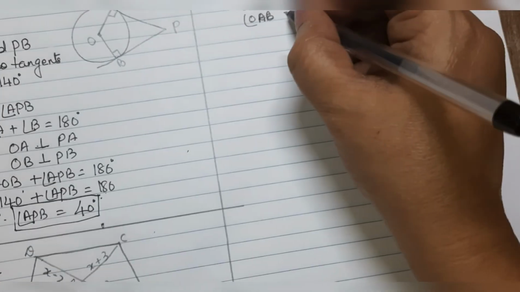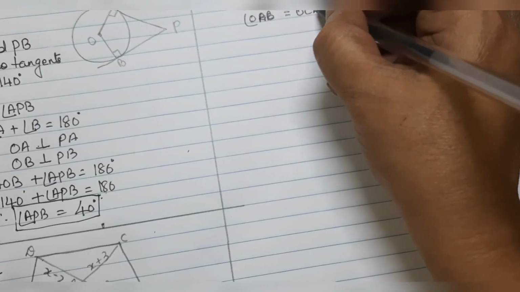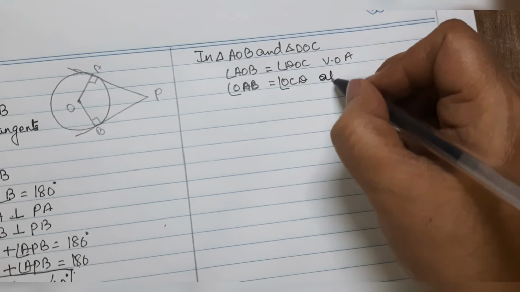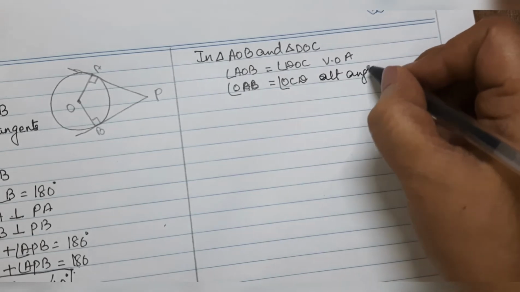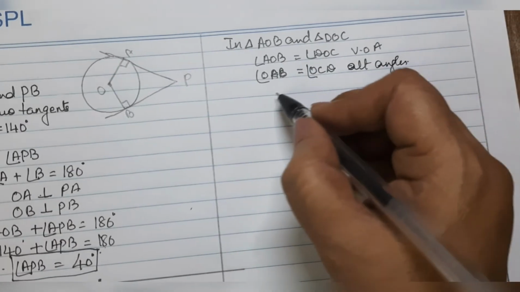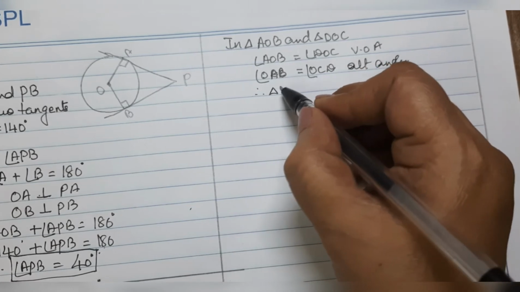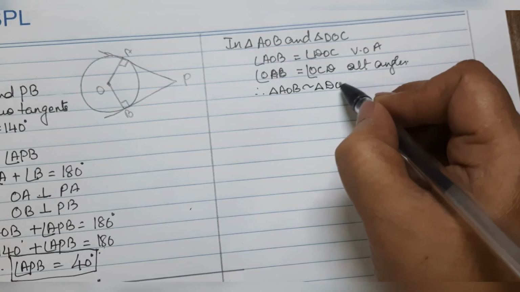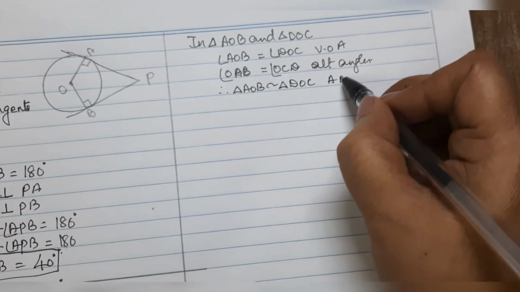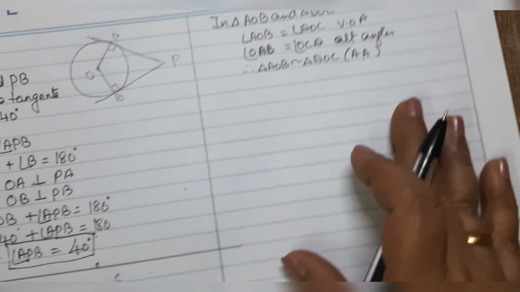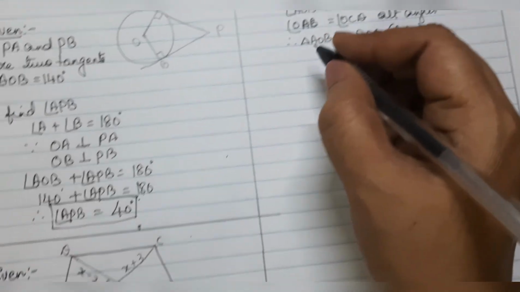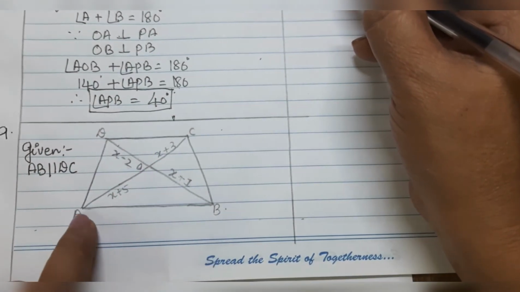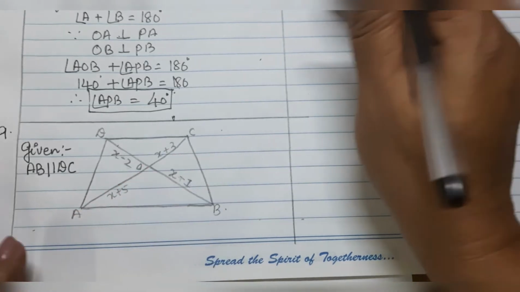The other one also, ODC. So these are alternate angles. Since AB is parallel to DC, therefore triangle AOB is similar to triangle DOC by AA criteria. When they are similar, the sides are proportional. DO by OB equal to AO by OC.